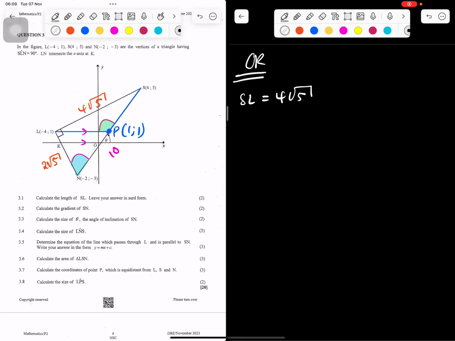Now you also have LP, because y is constant, it means this is a horizontal distance. So you say 1 minus 4, so that is going to give you 5 units. Okay, LP. It's horizontal. You ignore the y values if it is constant, so you focus on the x.